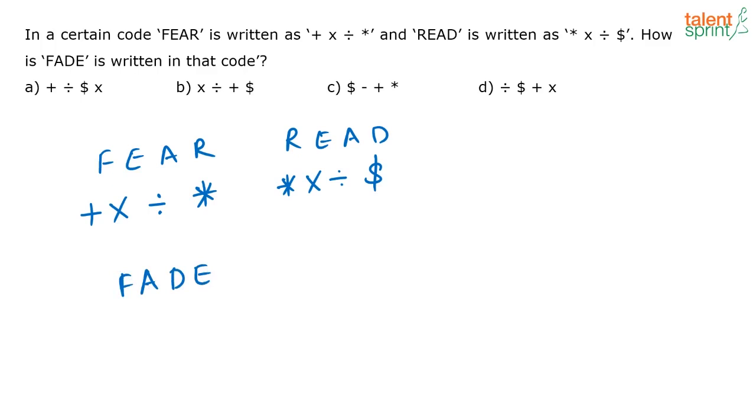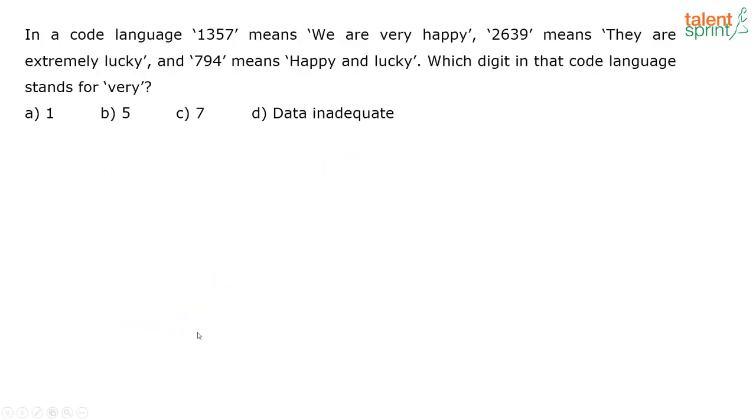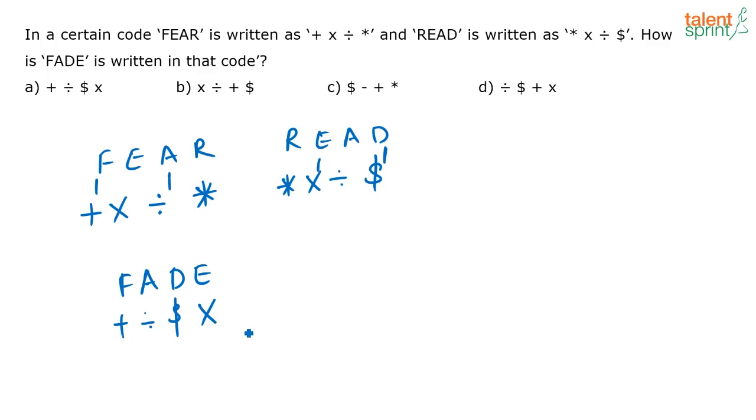See, what is the code for F? The code for F is plus, the code for A is divided by, the code for D is dollar, and the code for E is into. Just match them correctly and write, that's all. The correct code that we are looking at is option A.